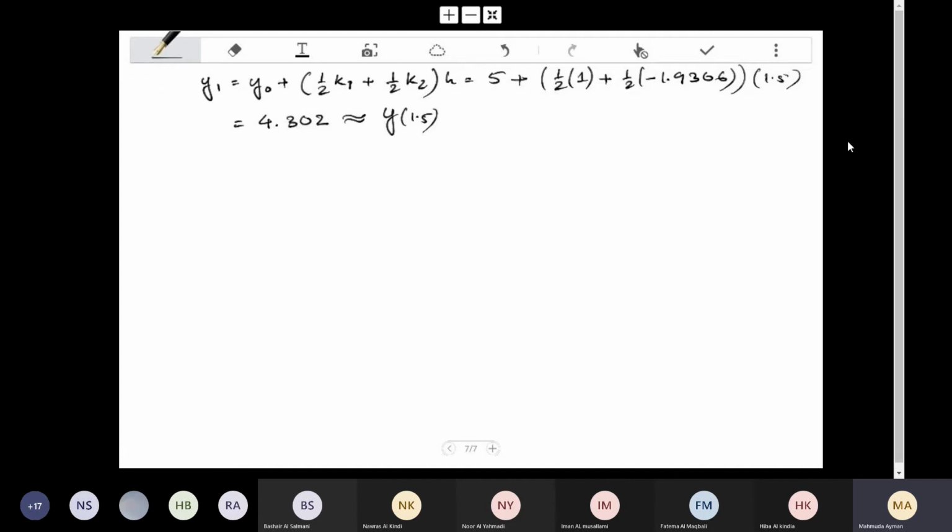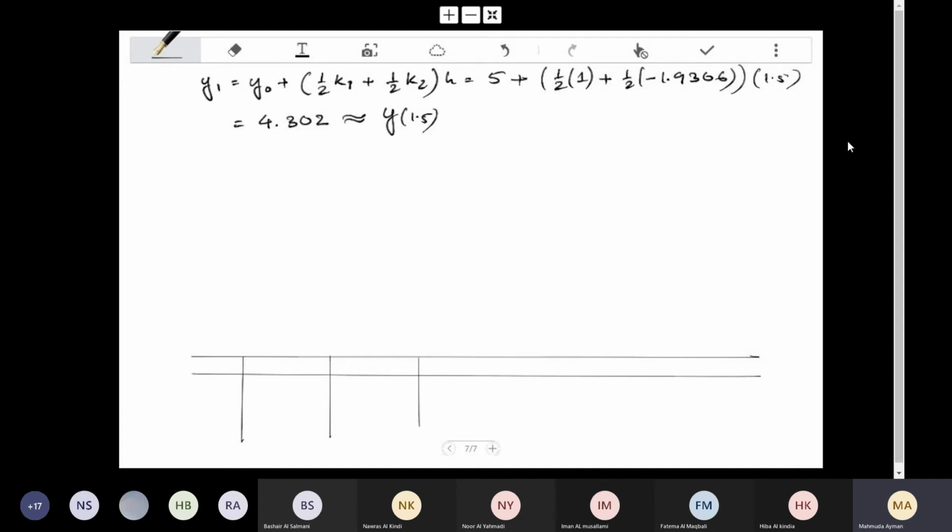So if I draw a table, I need columns for i, xi, then values for k1, values for k2, and values for yi.